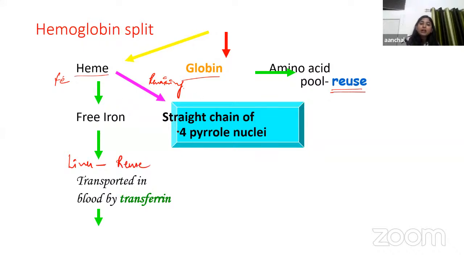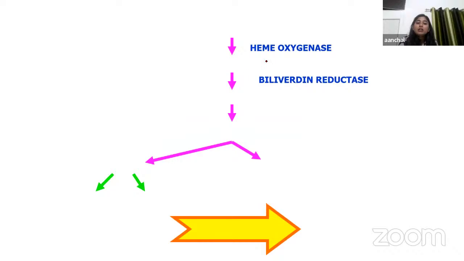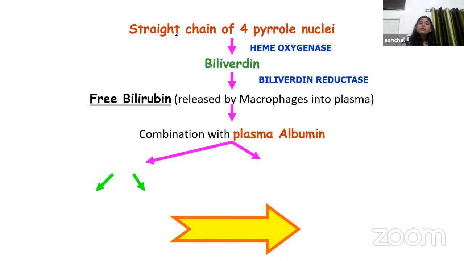And this remaining part, the straight chain of 4 pyrrole nuclei, gets oxidized with the help of an enzyme known as heme oxygenase and converted into biliverdin. That gets reduced with the help of biliverdin reductase, and there will be formation of free bilirubin, right? Now there will be combination with plasma albumin.